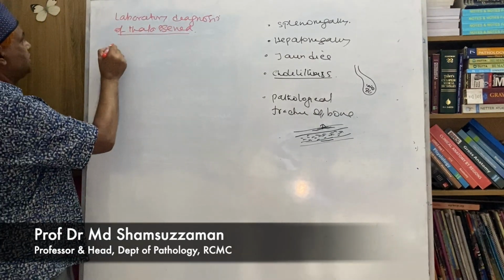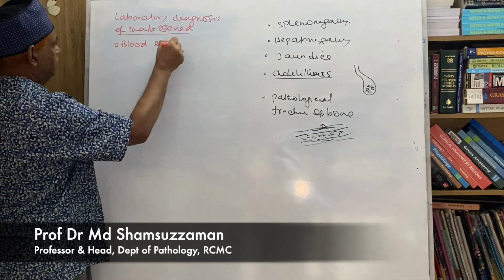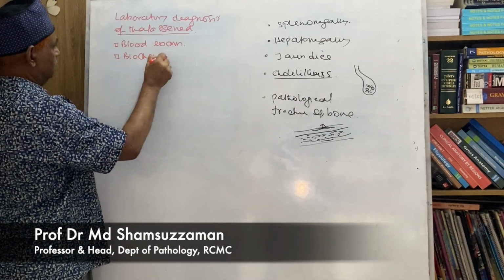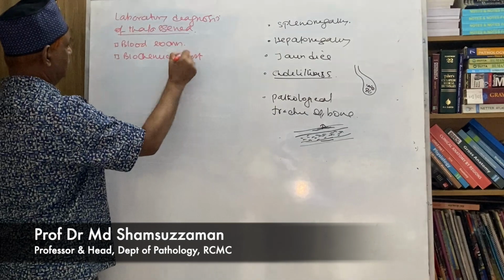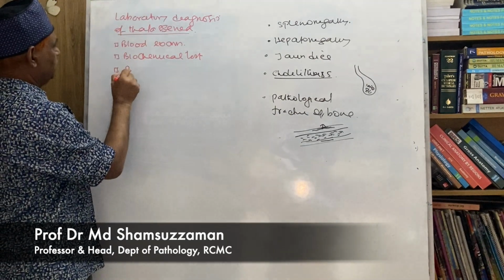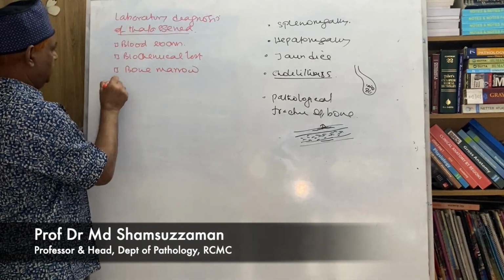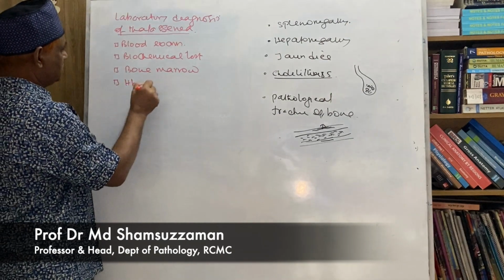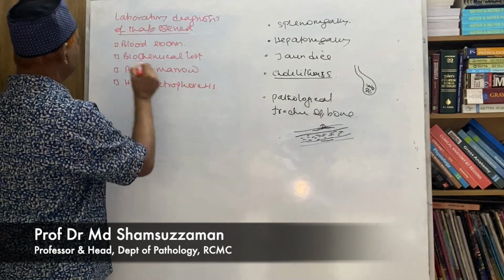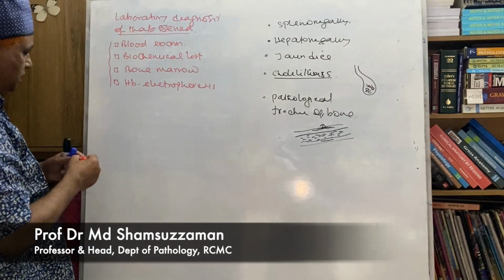We have to do first blood examination, biochemical test, then bone marrow examination, and lastly hemoglobin electrophoresis. So these are the tools for diagnosis of thalassemia in laboratory.